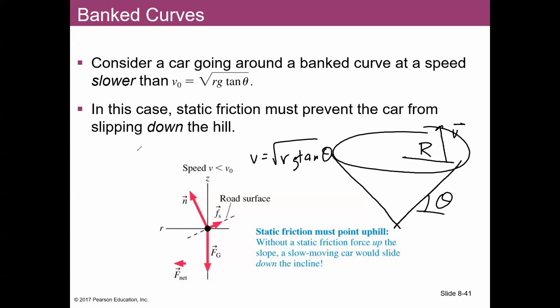So if the car is moving too slowly, now the surface has to push up on the lateral direction of the car, with the static friction force, to maintain that circular path.